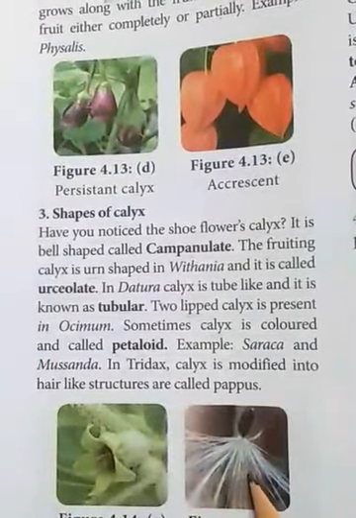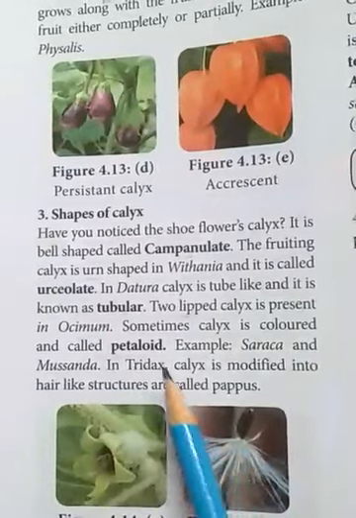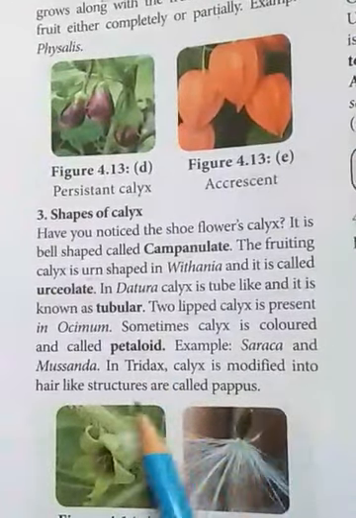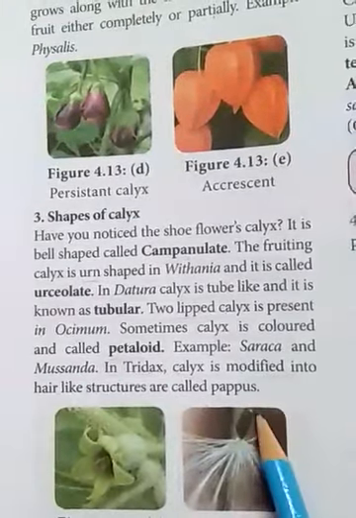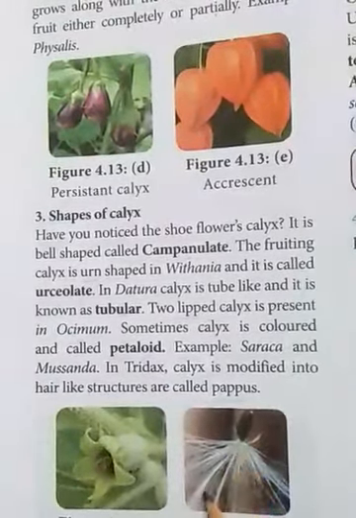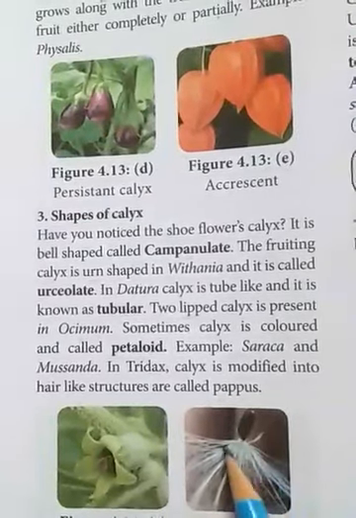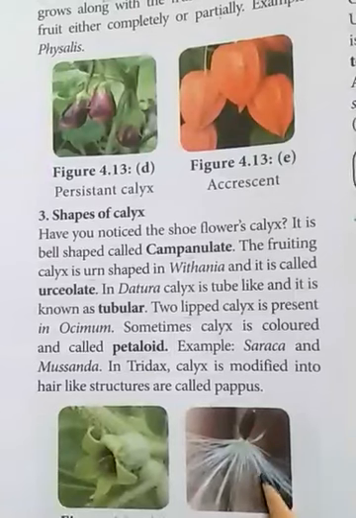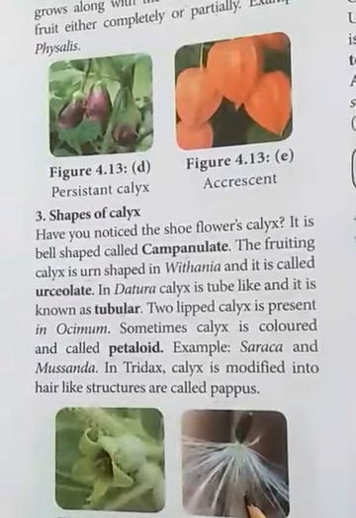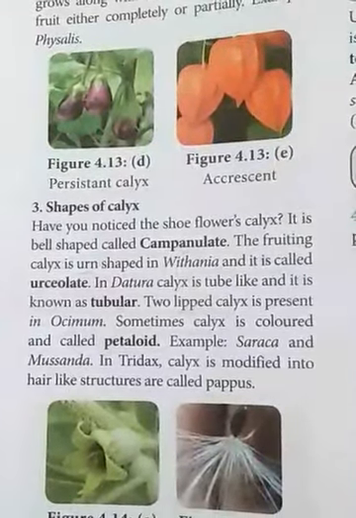This modified hair-like structure is called the pappus. So in Tridax, the calyx is modified into a hair-like structure and this is called the pappus. Here you can find this is the seed. The seed is supported with the help of a persistent hair-like structure, that is the calyx, and this is called the pappus. So this is what we have studied about the calyx.